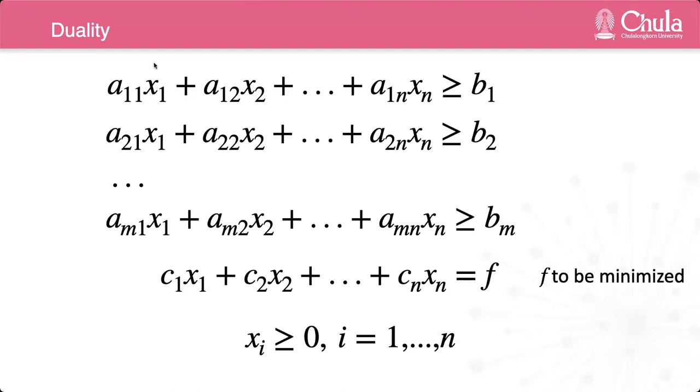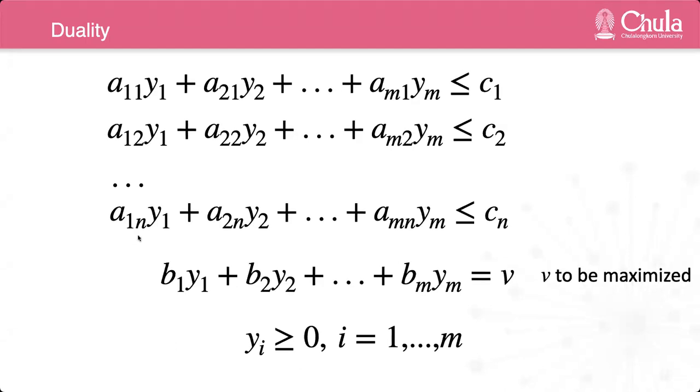You see that the first column here is A11 to AM1, right? But in the dual of that problem, the row is A11 to AM1. So the matrix A is the transpose of the original problem, the primal problem, and the B vector becomes the C vector.